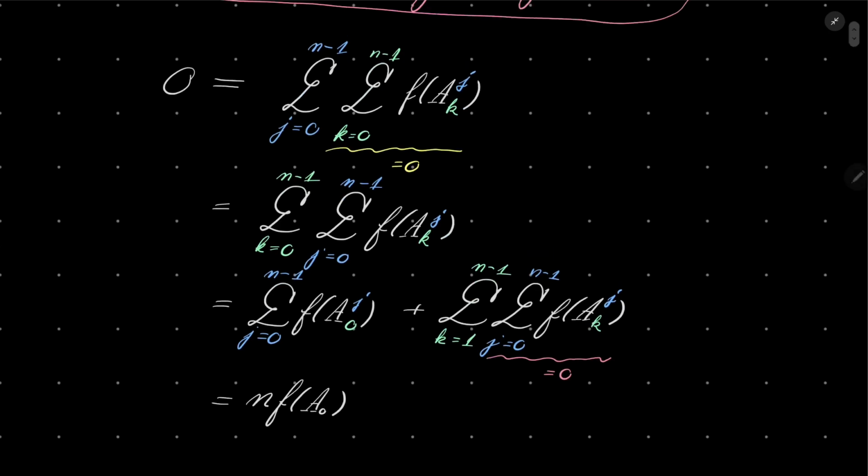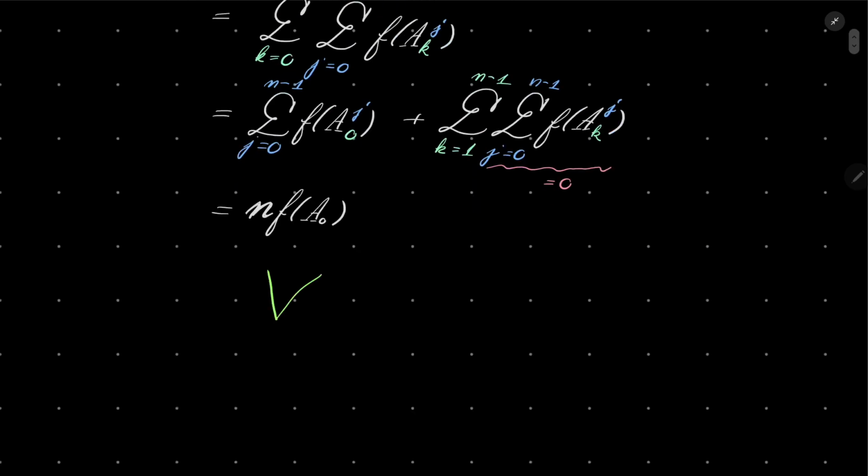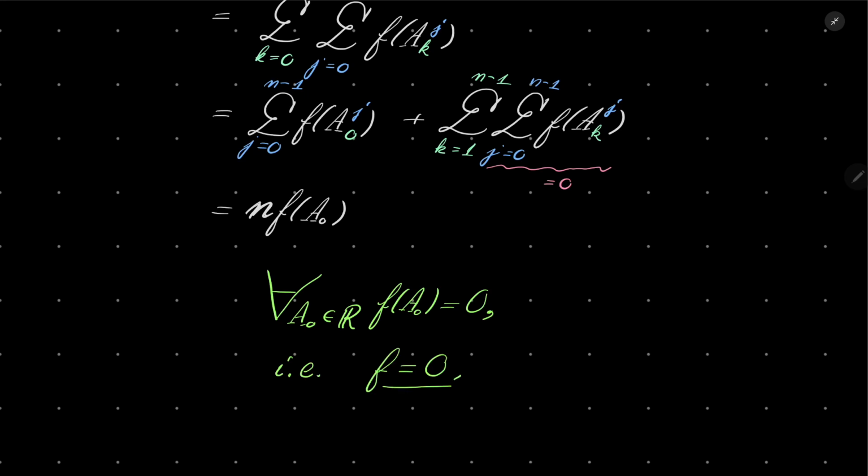And if you look closely, 0 equals n times f of a0, which means that in fact for every a0, f of a0 is 0, which means, because a0 was arbitrary, our function is constantly 0. And that closes our proof.